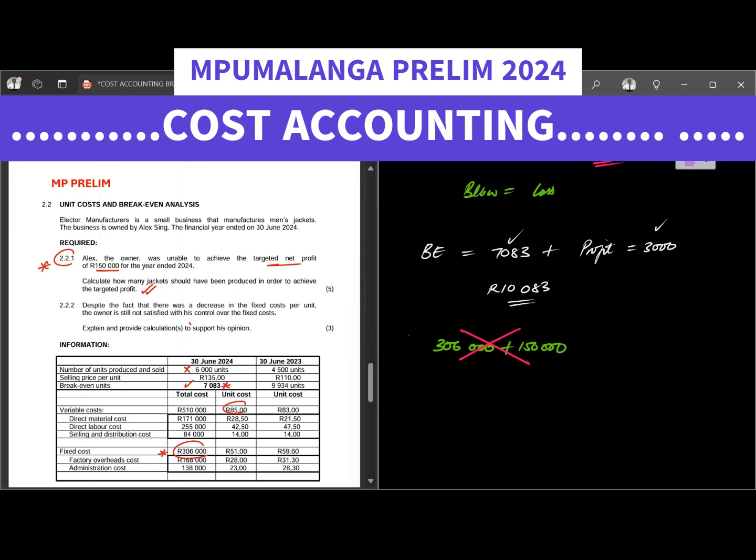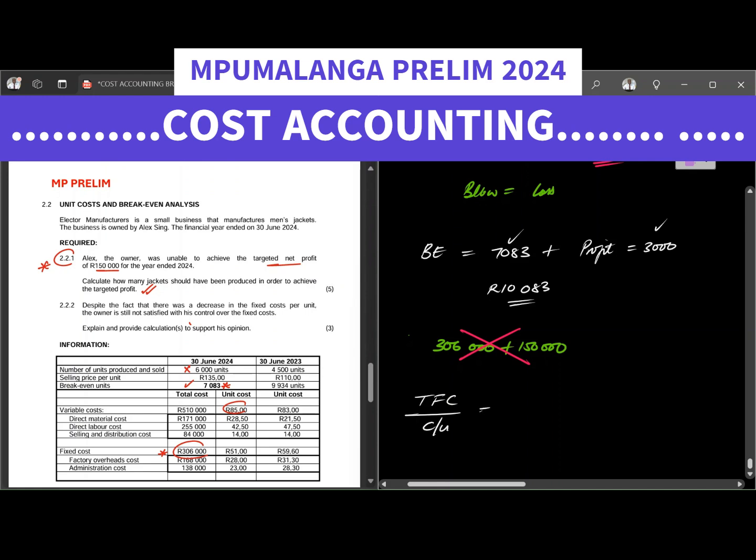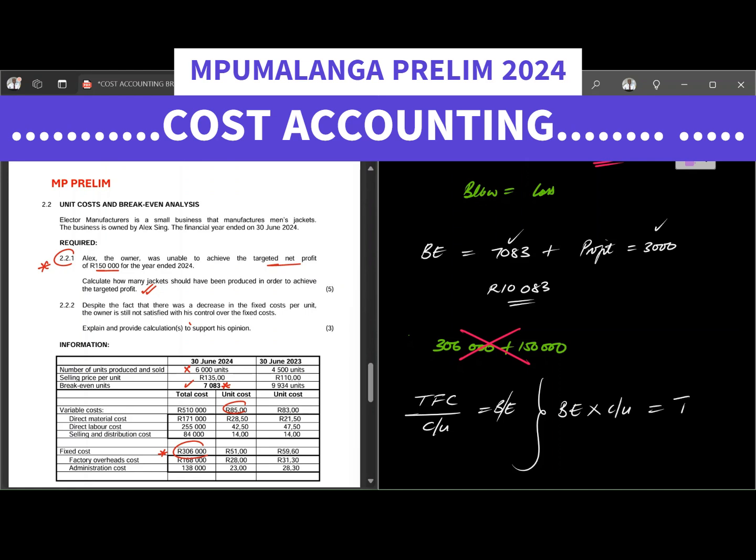To calculate the fixed cost for the intended profit, I use the break-even point that I want to achieve. To calculate break-even point, we say total fixed cost over contribution per unit is equal to break-even in units. So if I'm given the break-even in units, and I multiply that by my contribution per unit, it must give me the total fixed cost.